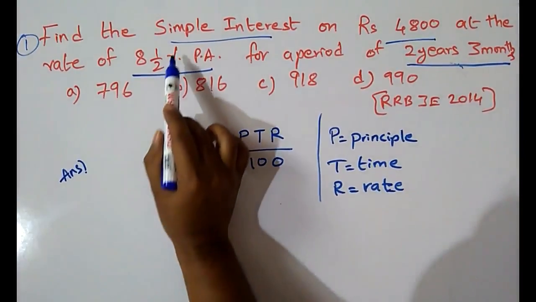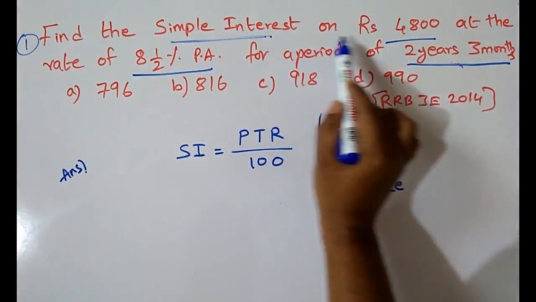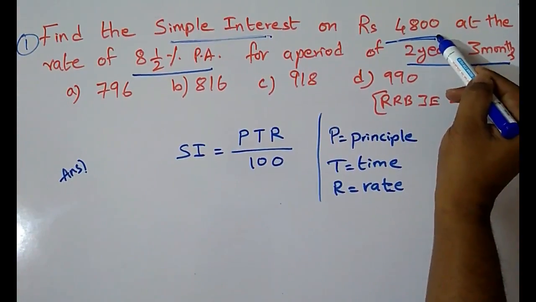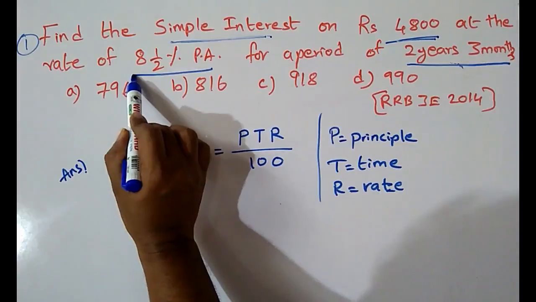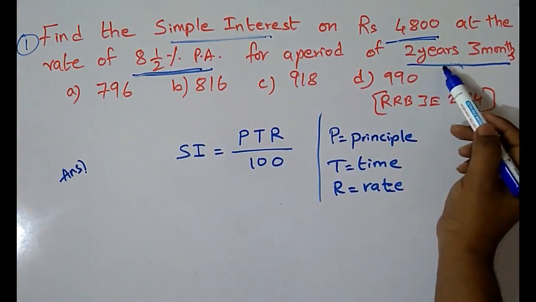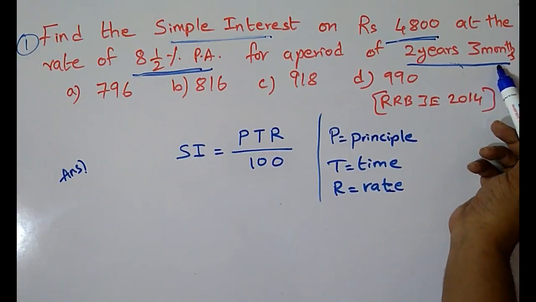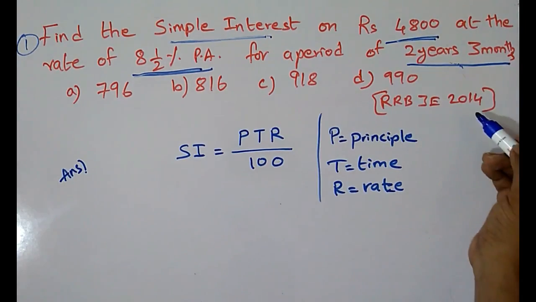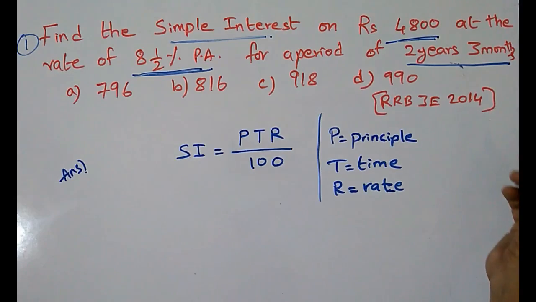So the question is, find the simple interest on rupees 4,800 at the rate of 8.5% per annum for a period of 2 years 3 months. The options are given. This problem is given in RRB JE 2014.